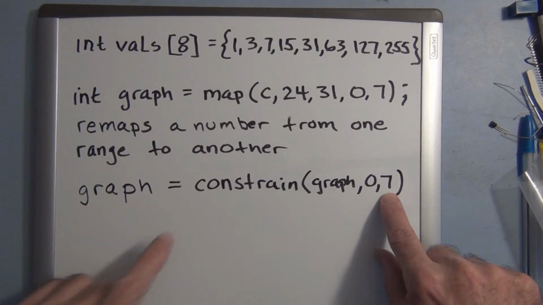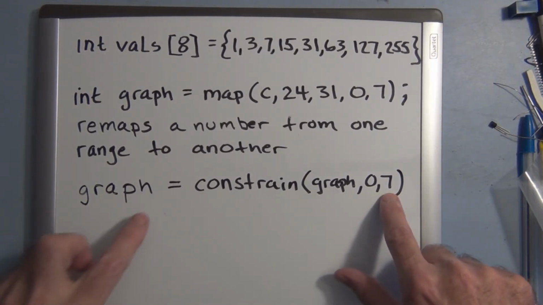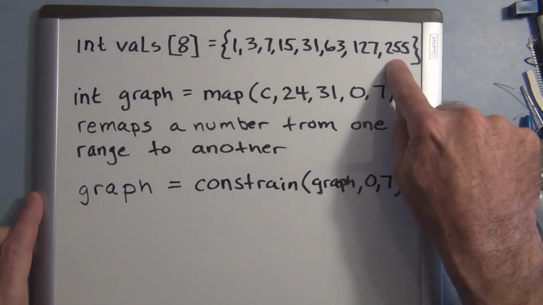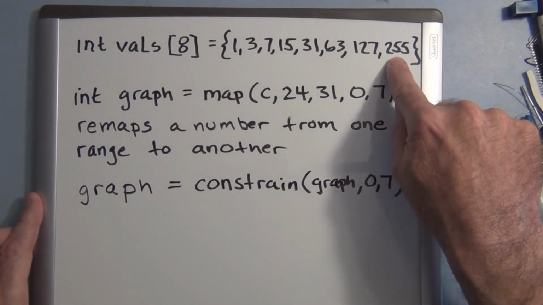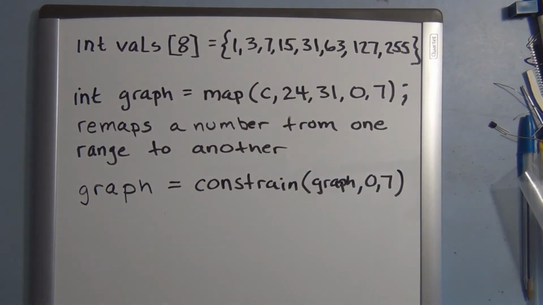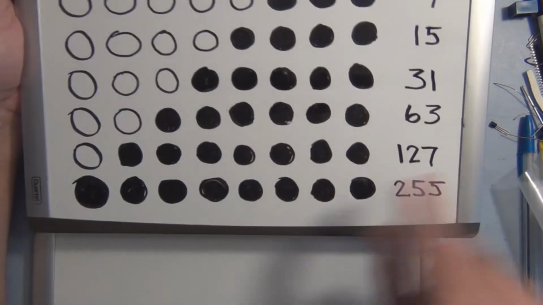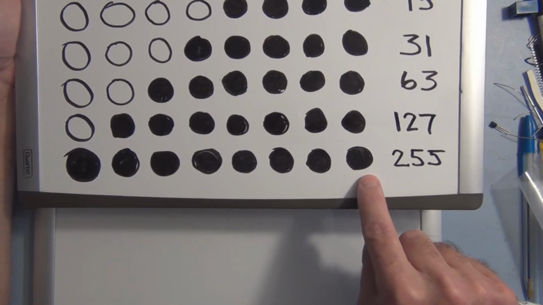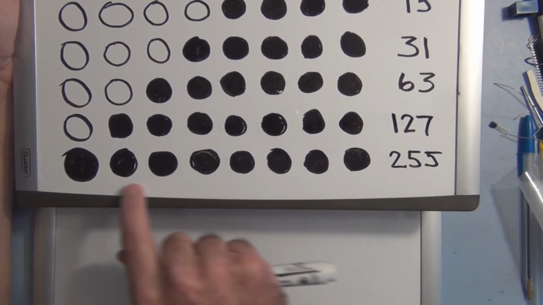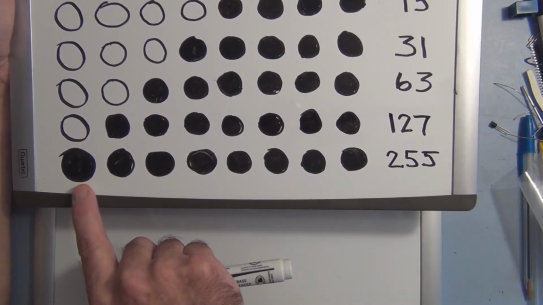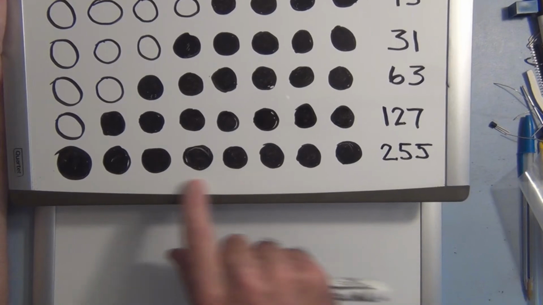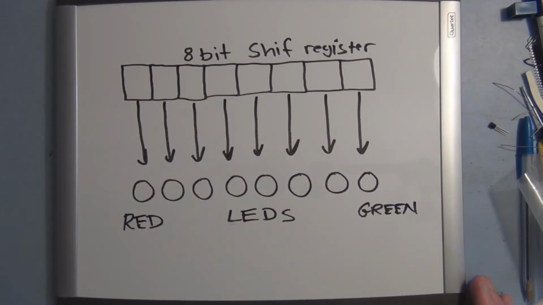And if graph is equal to 7, it's going to return this number here. It's going to be pointing to this element 255, and the binary representation of 255 is 8 ones, and this will get shifted into the shift register to turn on the appropriate LEDs. Well, in this case, all 8 LEDs.